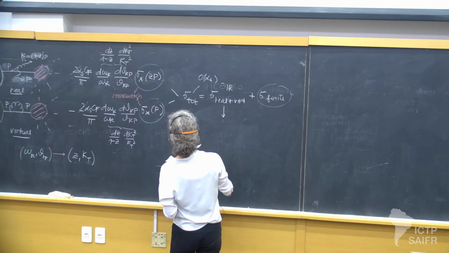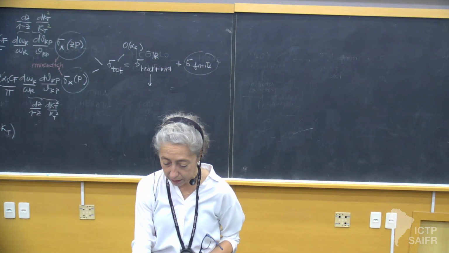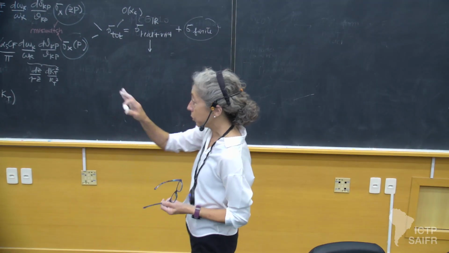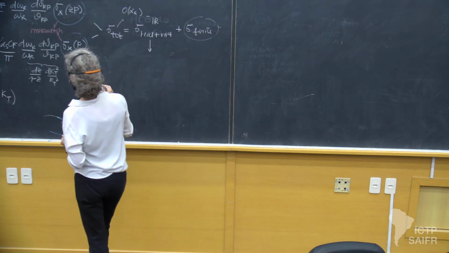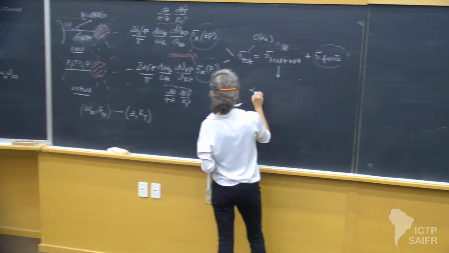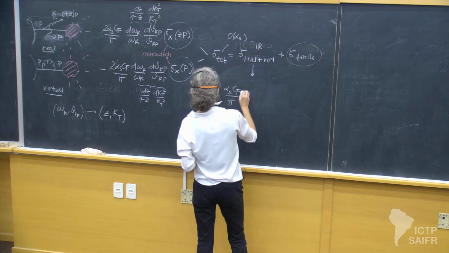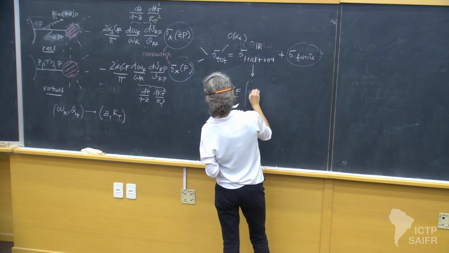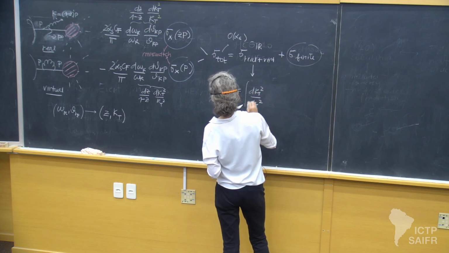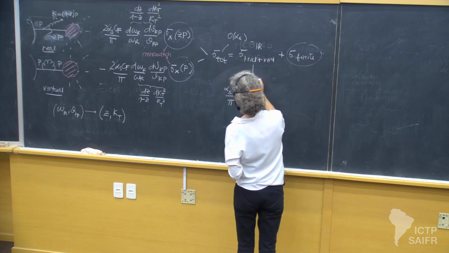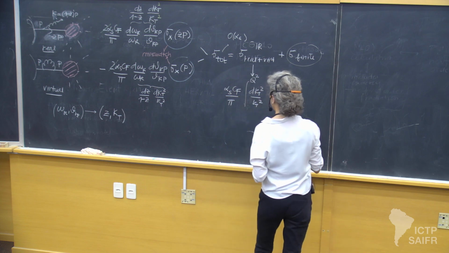So in writing this object here, for the process that we are calculating, always for the q q bar, and q q bar plus gluon, coming from any plus and minus that we have there, I will write this as alpha s C_F over pi, and then we would have the integral in dkt square over kt square that goes up to the energy Q square of the hard process.